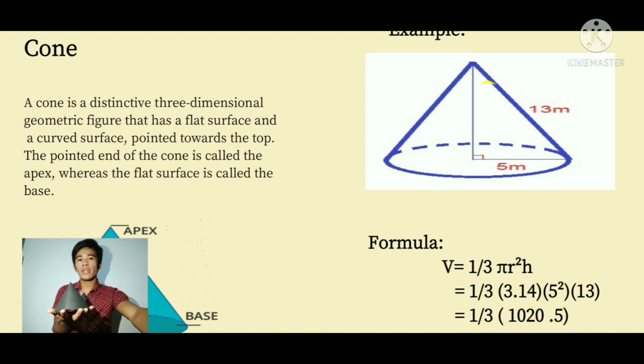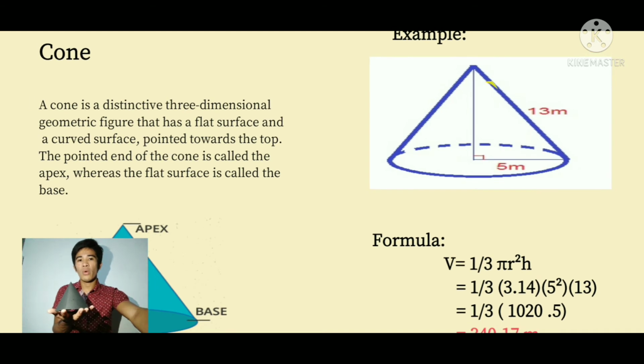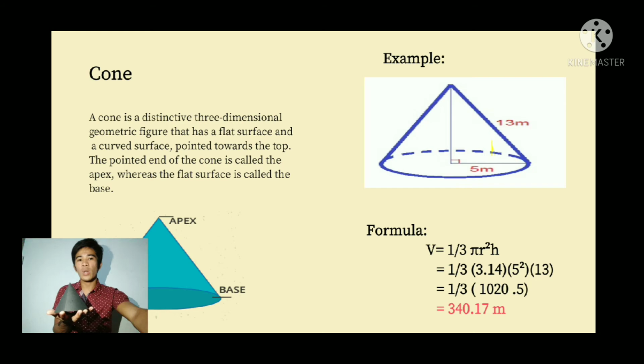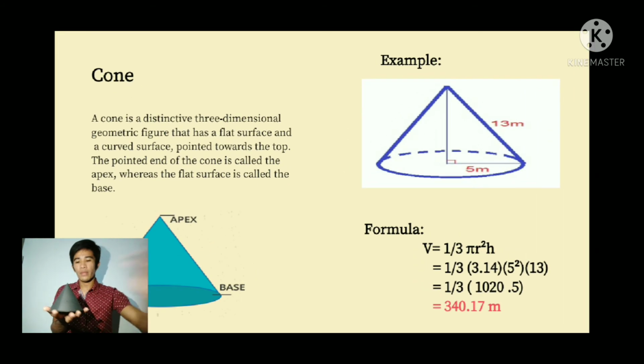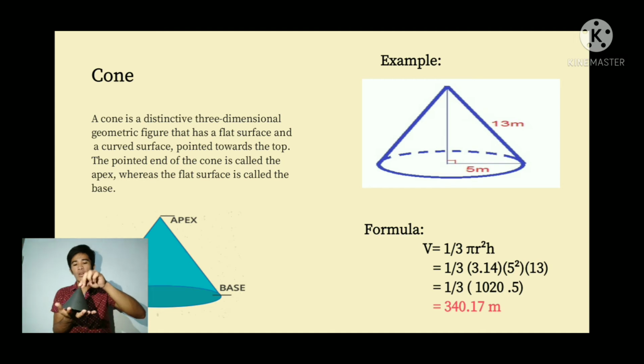The pointed end of the cone is called the apex, whereas the flat surface is called the base. Ibig sabihin po, ang parting ito, this is the apex and this is the base. So easy lang po, no?